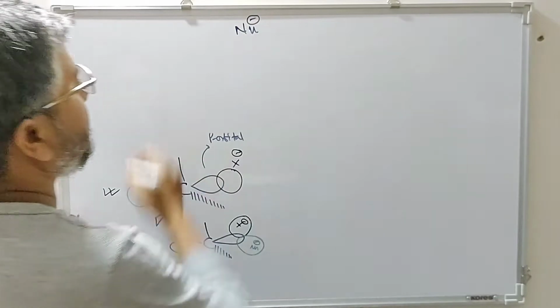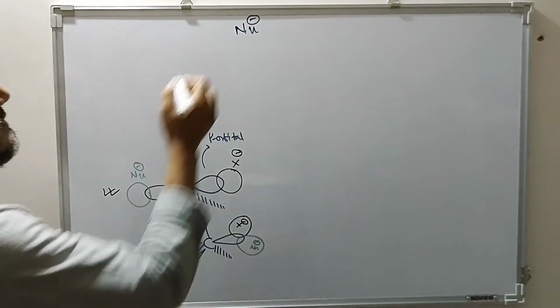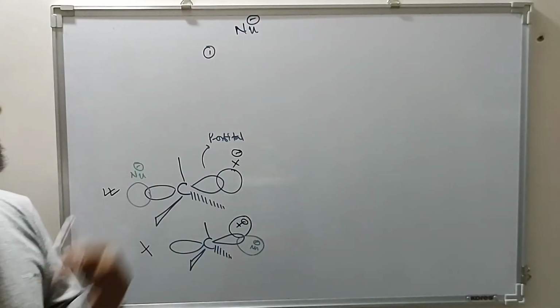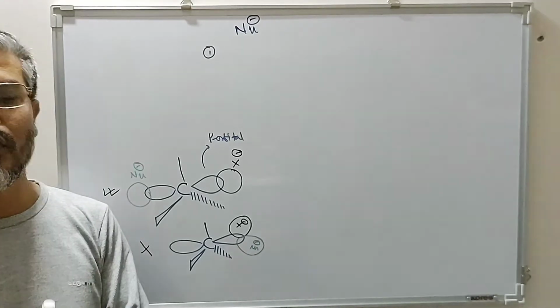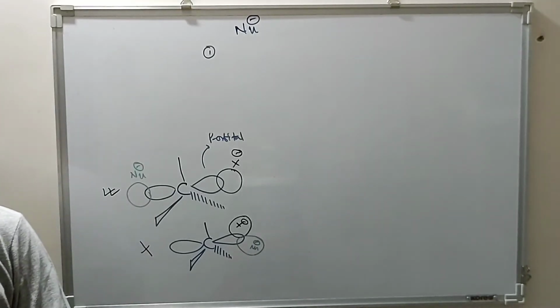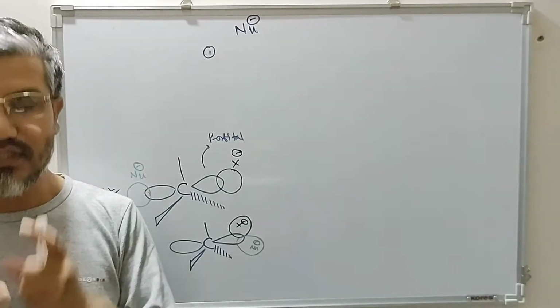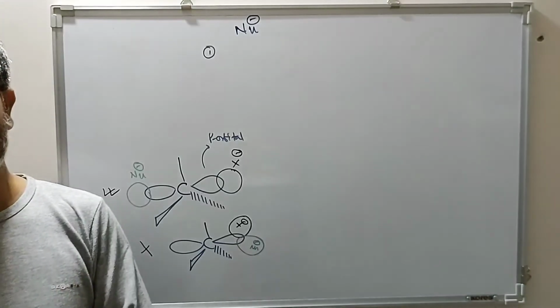How do we predict the strength of a nucleophile? There are some rules. A nucleophile may have a positive charge, be neutral, or have a negative charge. If the nucleophilic atom is the same, then the negatively charged nucleophile will always be the stronger nucleophile.